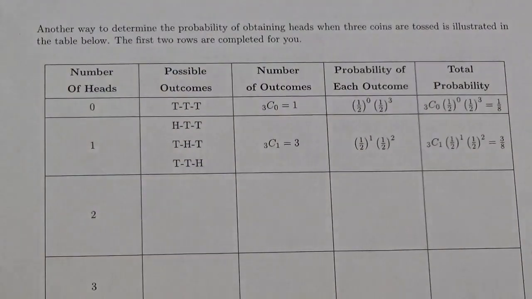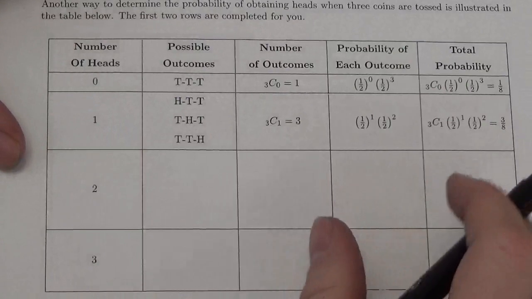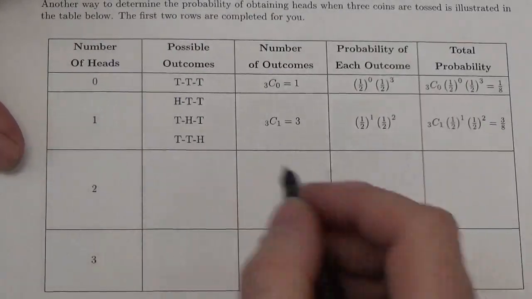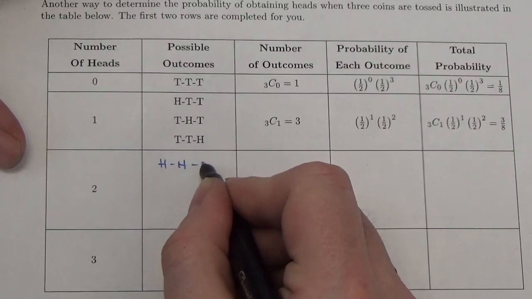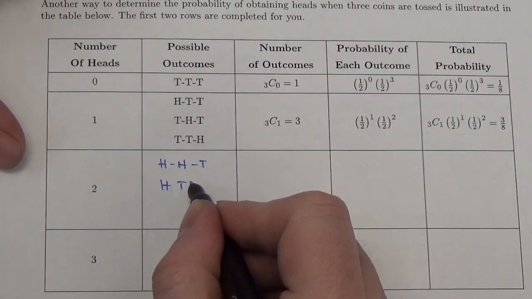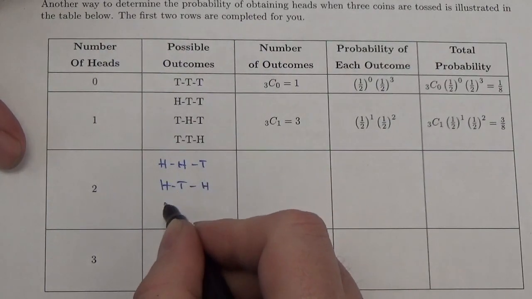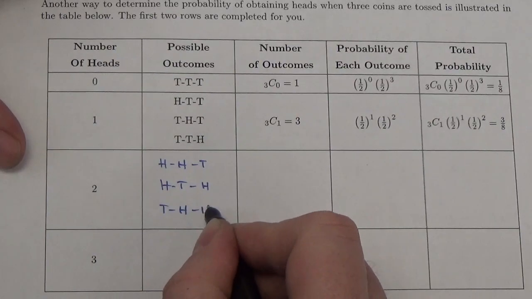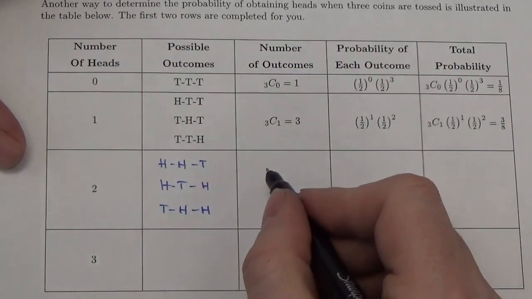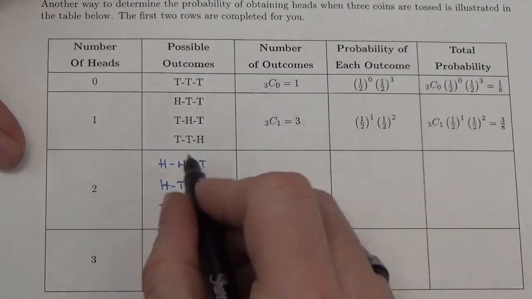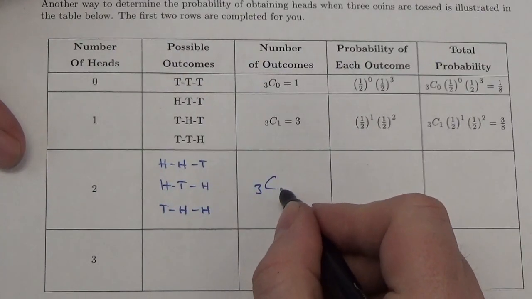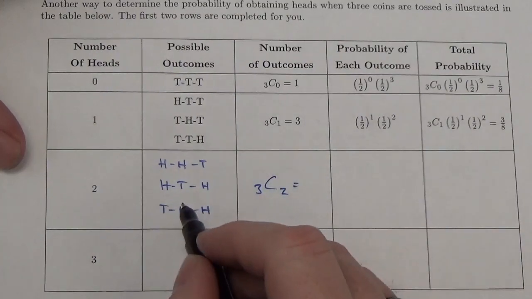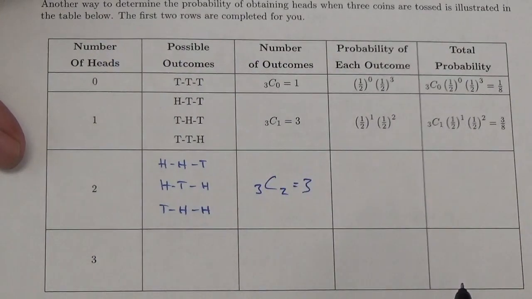So now let's fill in the next 2 rows here on our own. If there's going to be 2 heads, well, that could be head, head, tails; head, tails, head; or tails, heads, heads. So of the 3 different letters here that I can choose from, I want to choose 2 of them to be equal to heads, and there are only 3 ways that I can do that.